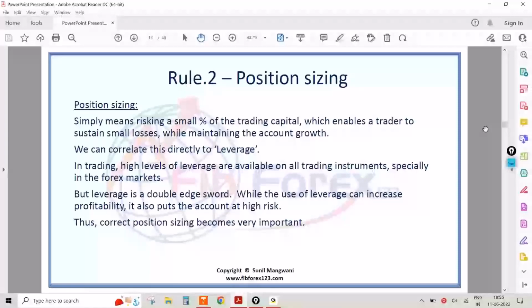Forex markets work on leverage because of the nature of the market. Leverage simply means that with a small capital, you can control a larger position, which means you are risking a larger amount of your capital. Leverage is a double-edged sword, as they say. The use of proper leverage can increase profitability, but it also puts your account at risk. So correct position sizing becomes very important. Like I said, we'll go over this some other time.